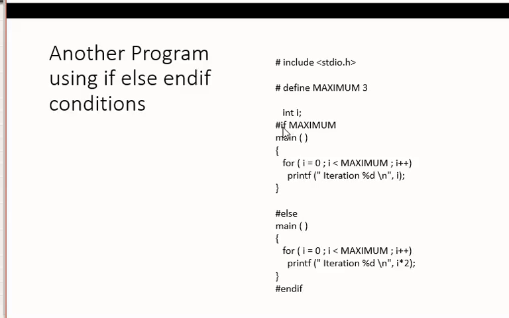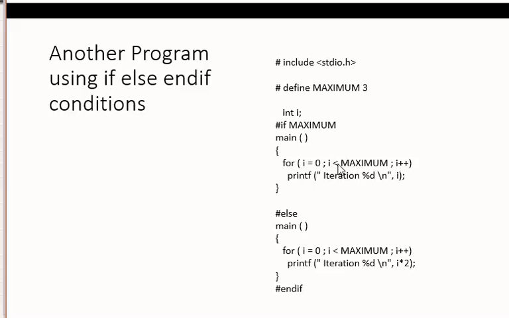Here I've said if MAXIMUM, and this works similar to our if-then-else conditions, with 0, -1, and positive values. So you can run this program and see which part of the code is executed. Change this one to 0, run this program, and change this to -1, run this program.